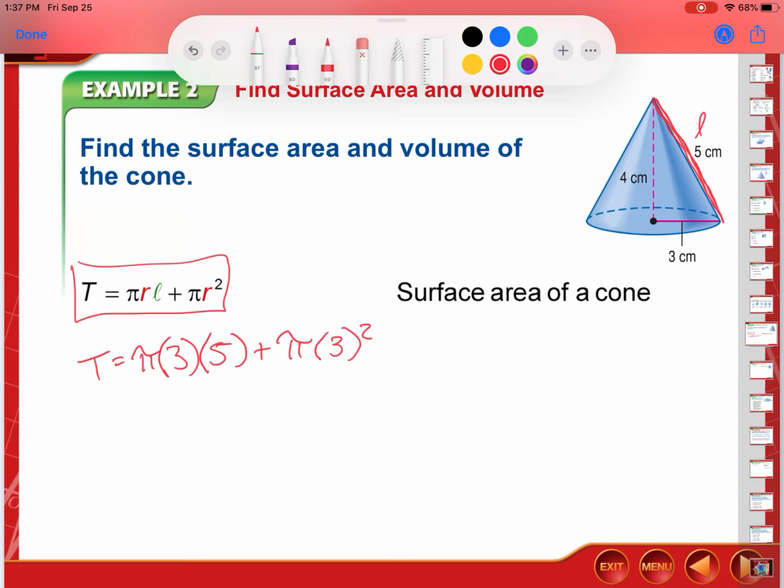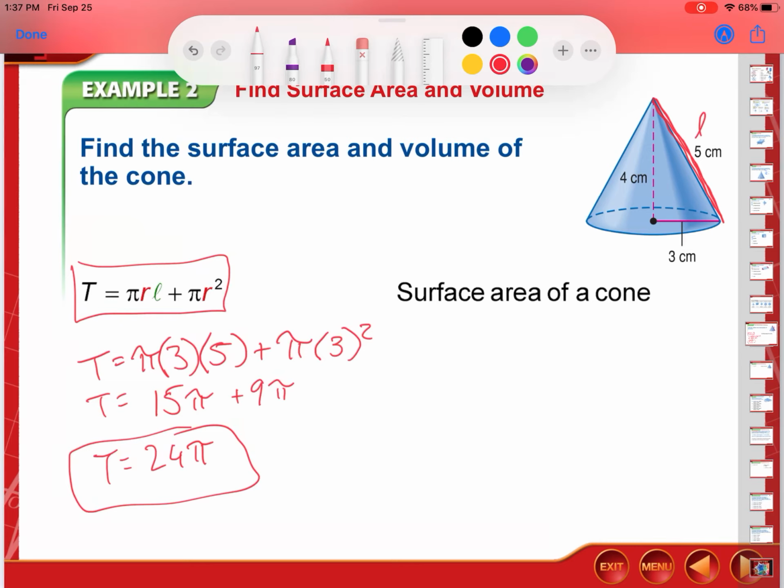So 3 times 5 is 15, so I have 15 pi plus 3 times 3 is 9, so 9 pi. So if I add those together, I have 24 pi, which is a perfectly acceptable answer. If you want to multiply this out and get a decimal approximation, that's totally fine as well.